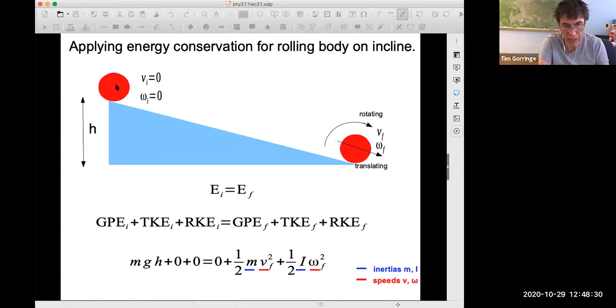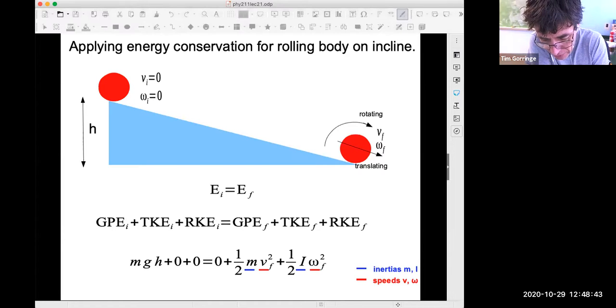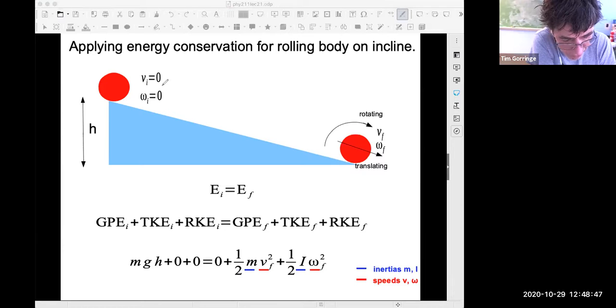Ultimately, we've got to do the calculation for the sphere, the cylinder, and the ring, but for now we'll imagine one of those three cases. So the object is starting from rest, which means that its initial linear velocity is 0, and its initial angular velocity is 0.